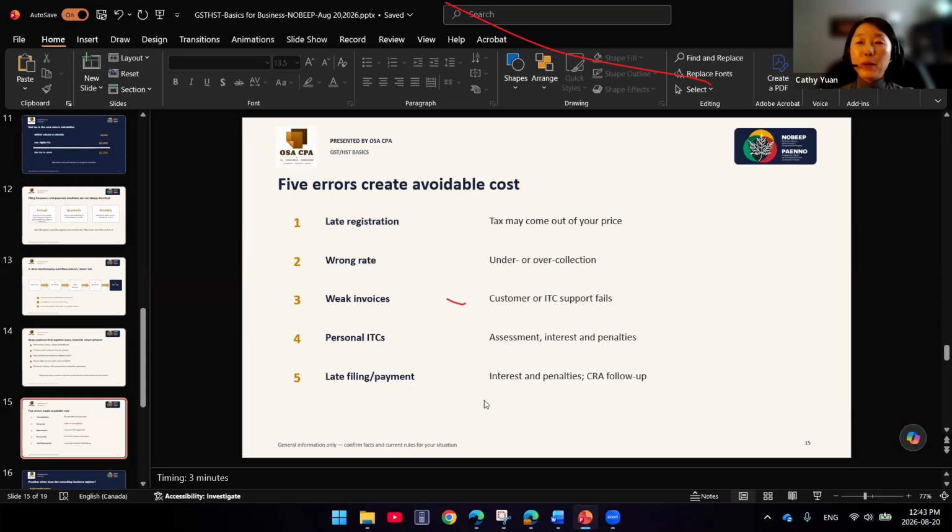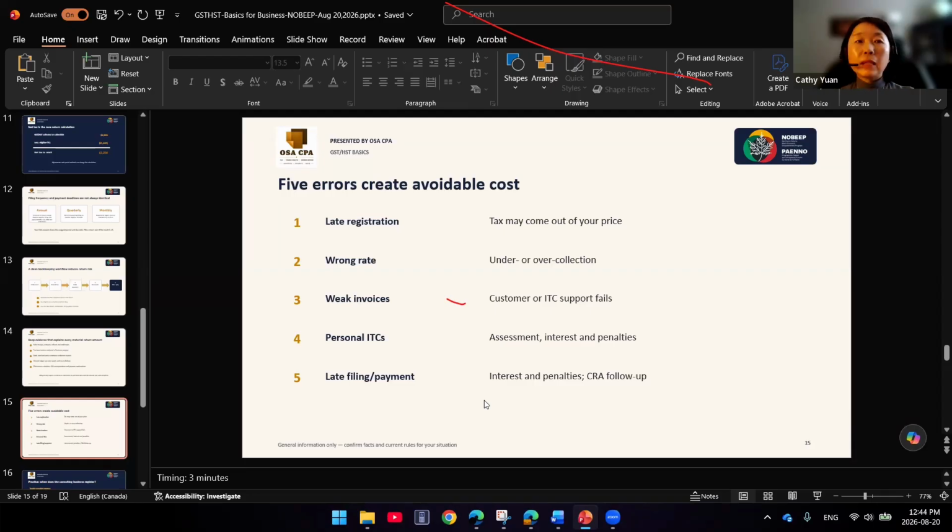It will be a huge amount. I did lots of cases like this. The taxpayer didn't do the tax return, then the CRA does the tax return on your behalf based on their assumption. This assumption is very good for the CRA, but very, very bad for the business owner, for you, for us.